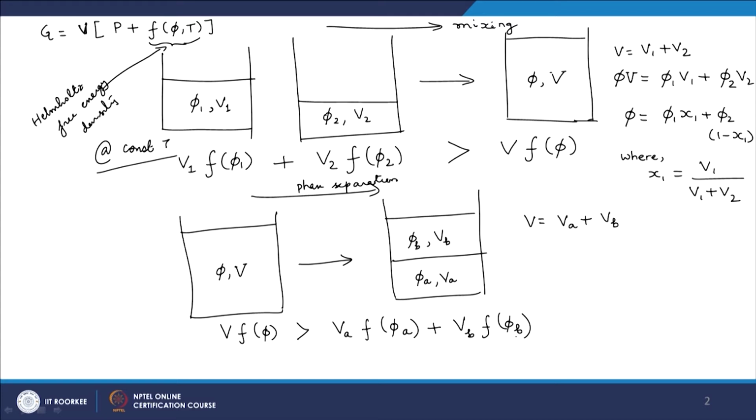So, to put it simply, the mixing or phase separation is given by a free energy criterion, whichever direction will lead to a decrease in the free energy would happen. So, if the phase separation results in a lowering of free energy, the system will phase separate. On the other hand, if mixing leads to a lowering in free energy, the mixing will occur. Okay.